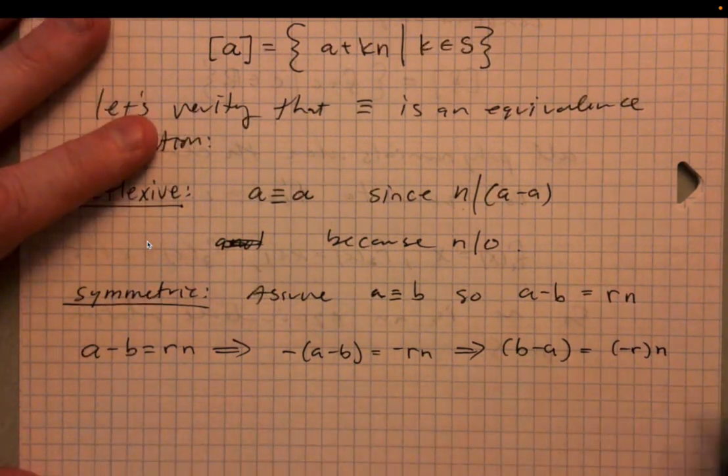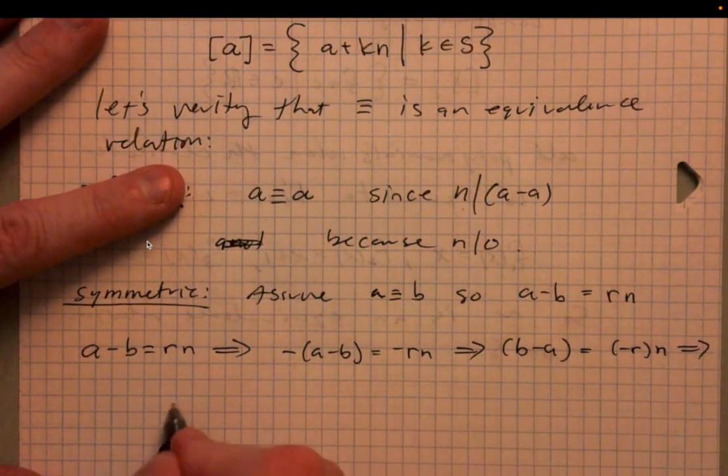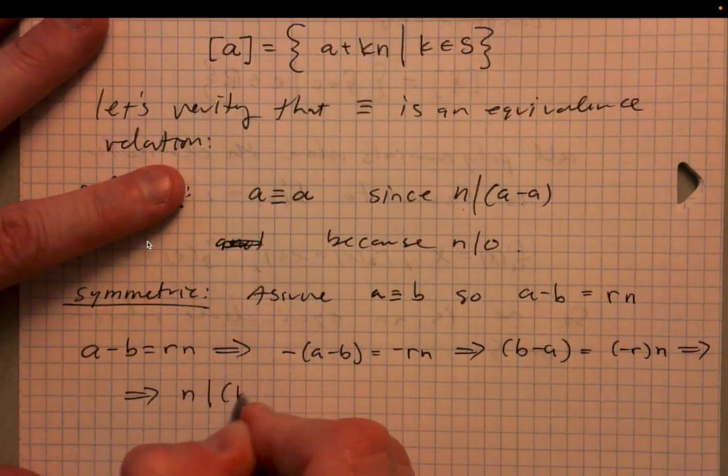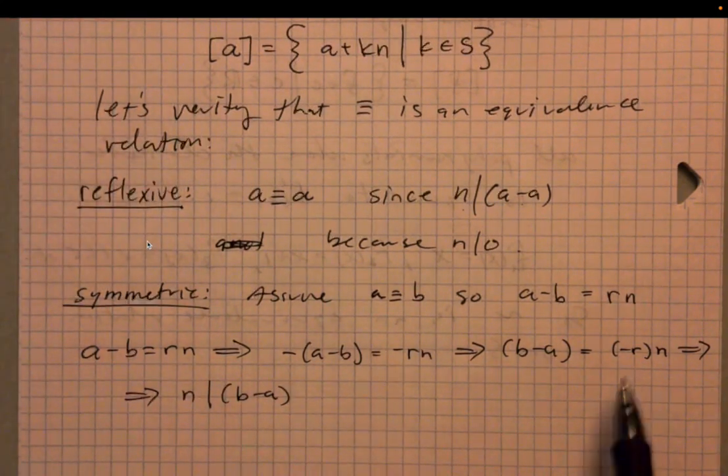Which implies that n divides B minus A. It doesn't matter the integer. If r is an integer, then -r is an integer also. So if n divides A minus B, then n also divides B minus A. That may not be something you're aware of, but that is a fact.